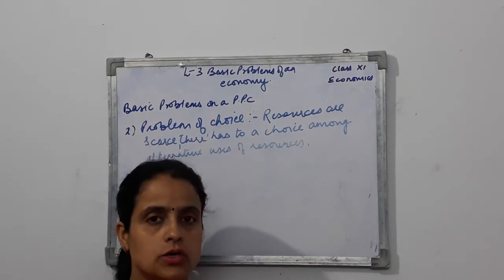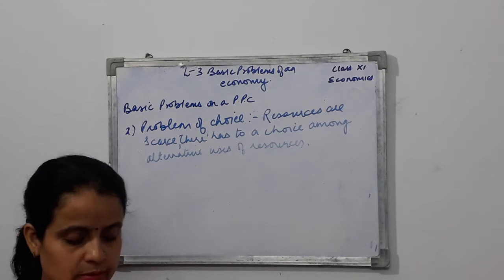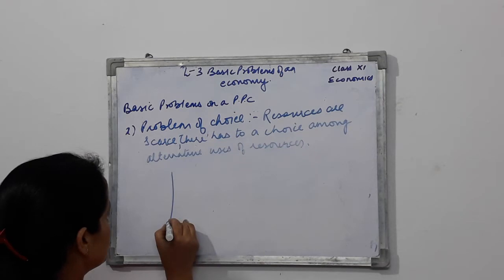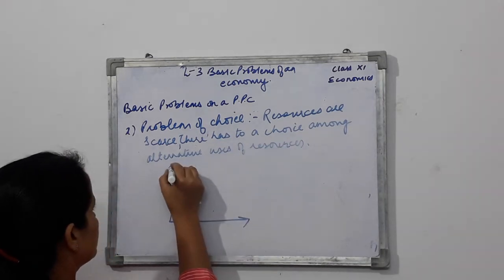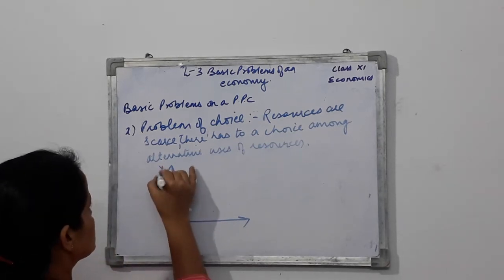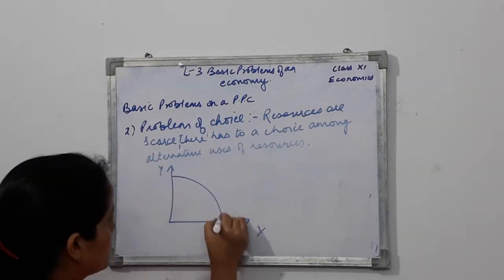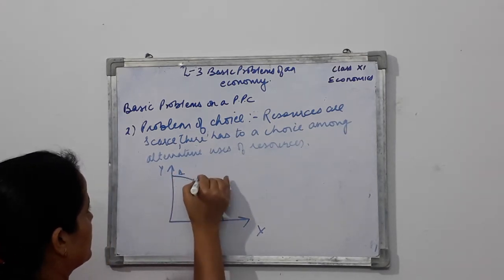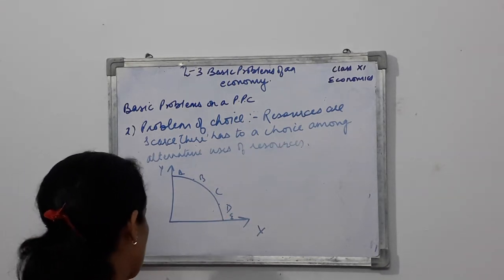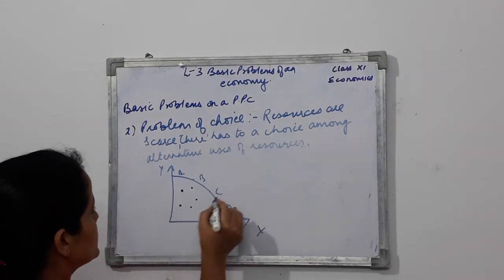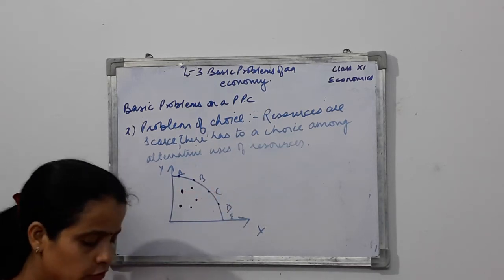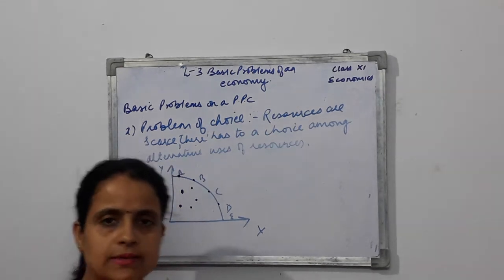So when we talk about a problem of choice that can be shown on PPC, what exactly we mean is this: if this is a PPC, a production possibility curve, this is Y and this is X, and points A, B, C, D and E. As I told you earlier also, all the points inside the PPC and on the PPC are attainable. Any point outside the PPC cannot be achieved.